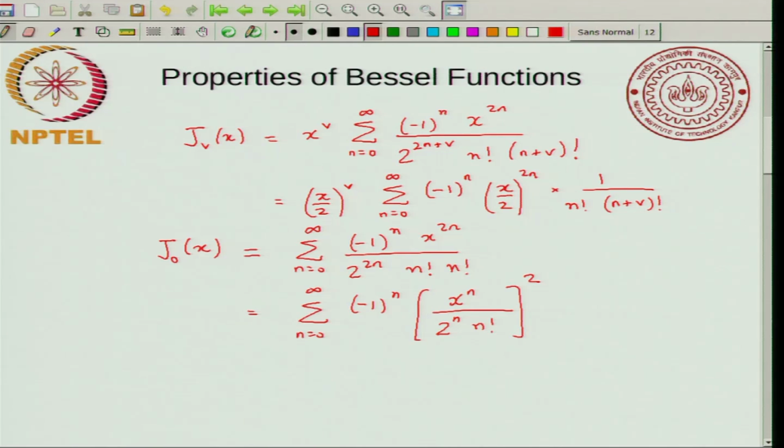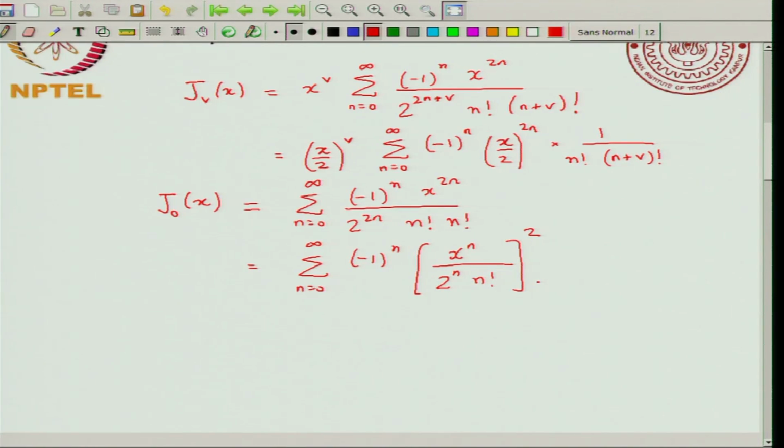Now, I will just illustrate what these Bessel functions look like. This is clearly a function of x, and since it involves only even powers of x, it is an even function of x. If I plot J_0(x) as a function of x, I will use the red color.